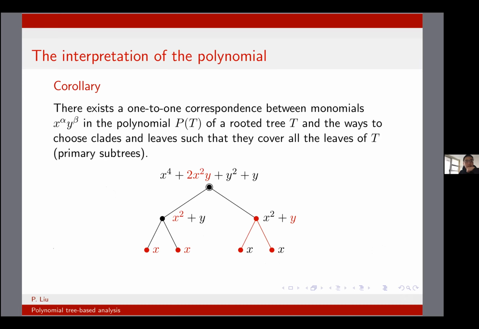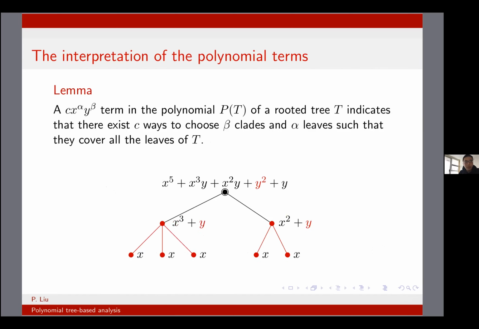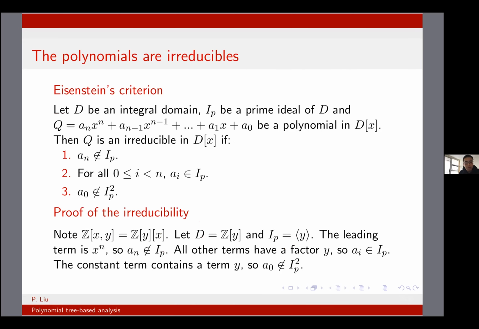And if we take a look at the constant term, it will always have a y in there that corresponds to the root node, which basically means we're picking the whole tree as a clade, and it will always be there for any tree. So we know that the constant term will not be in the prime ideal squared. So that is just a simple proof that these polynomials are irreducible.